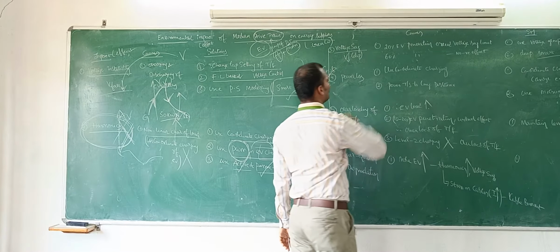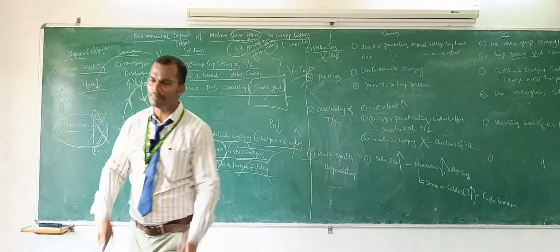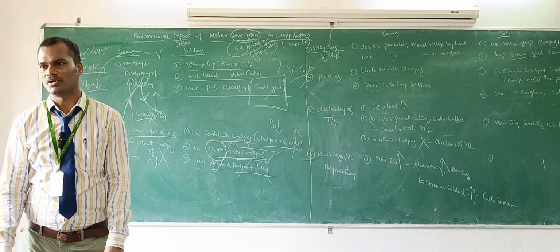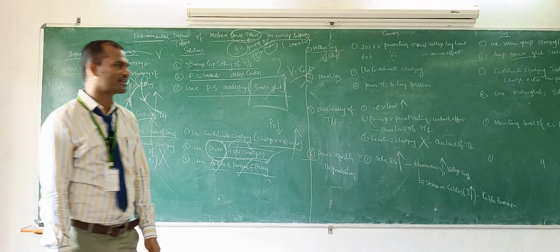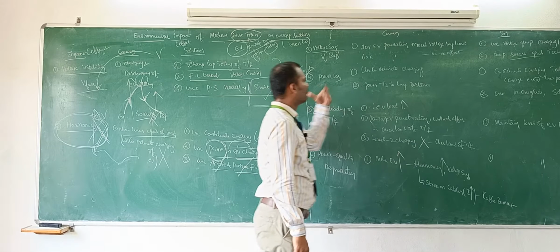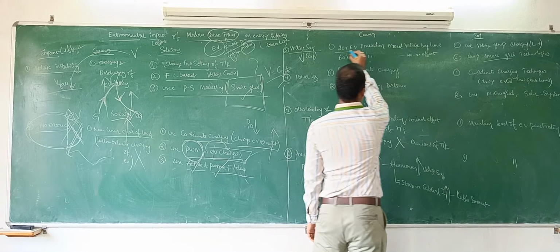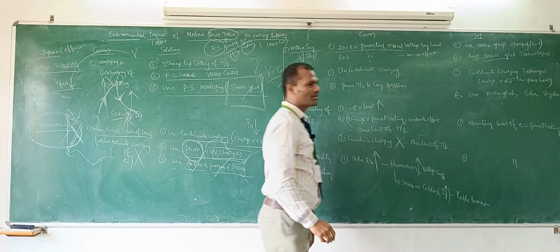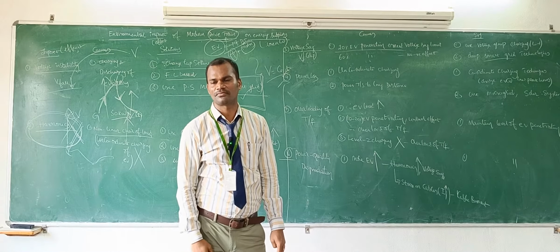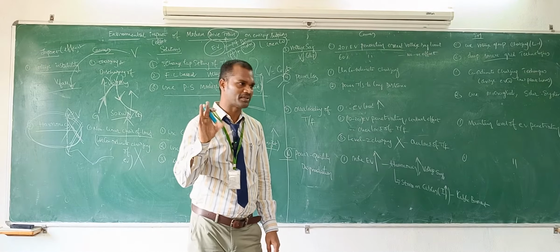Next, voltage sag. What does voltage sag mean? Voltage dip or fall in voltage magnitude is called voltage sag. Why is this voltage sag or voltage dip occurring? Due to EV penetration. For example, now the percentage of EV available is only 5% in India.